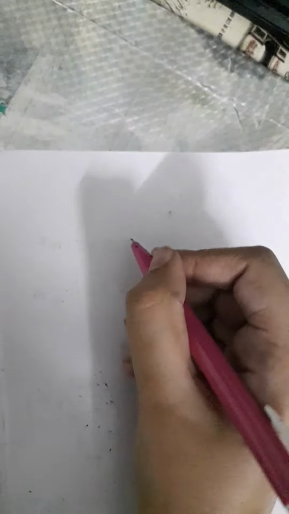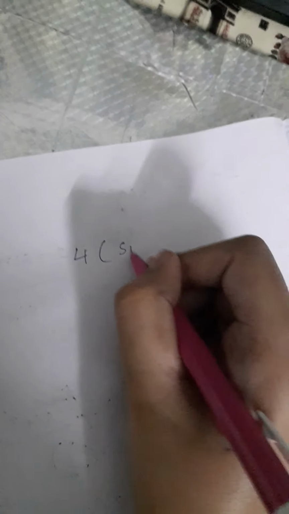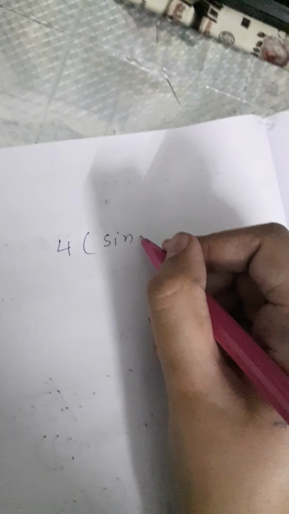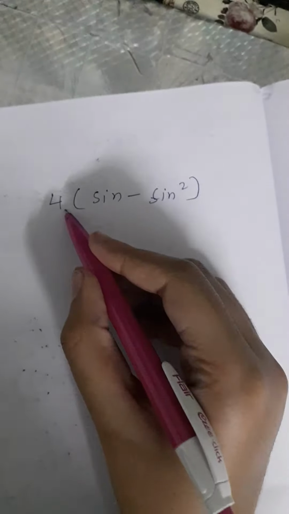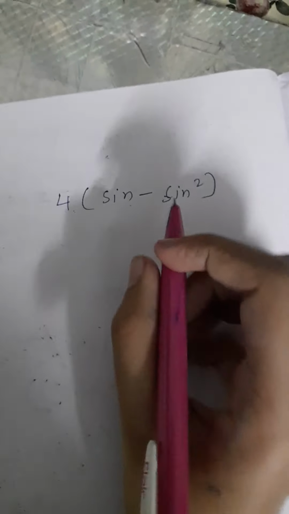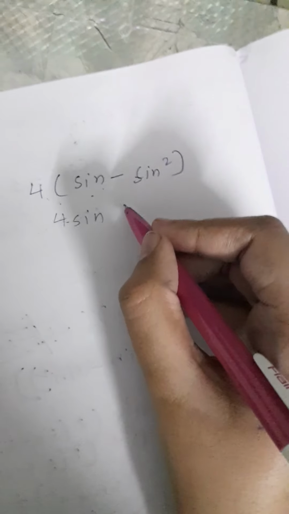So now, 4 sine minus sine squared. Now you are going to see, you multiply this 4 sine, that is 4 sine minus 4 sine squared.